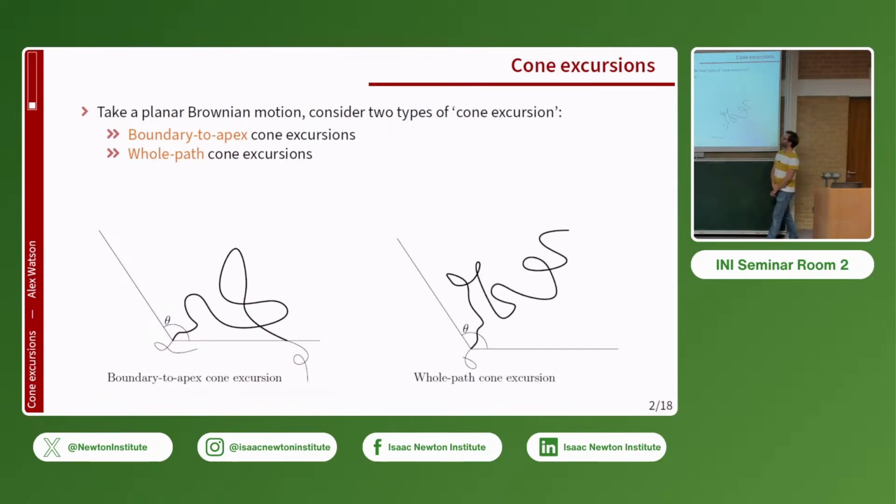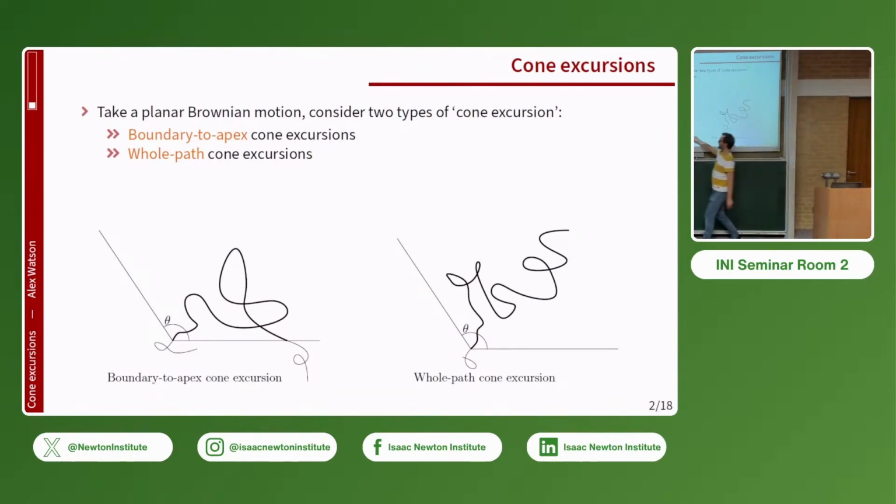And the other type that I'm going to need is what I call a whole path cone excursion. Here you have again this cone with apex angle theta. And this time, all of the path of your Brownian motion from time 0 until it hits the apex is contained inside the cone.